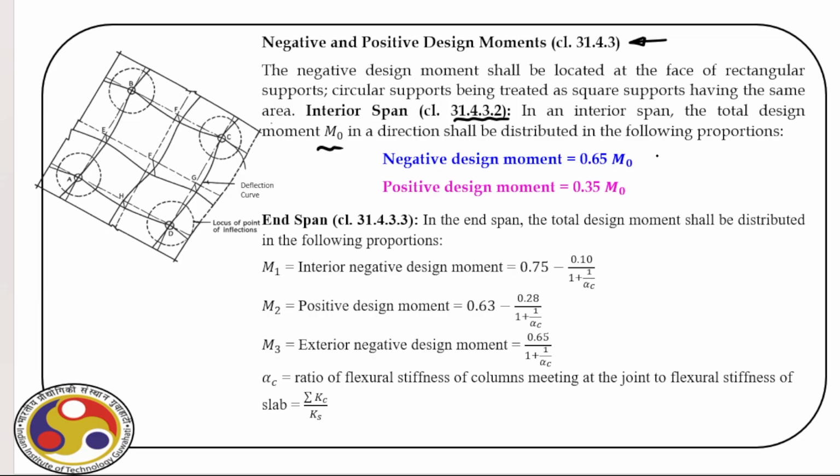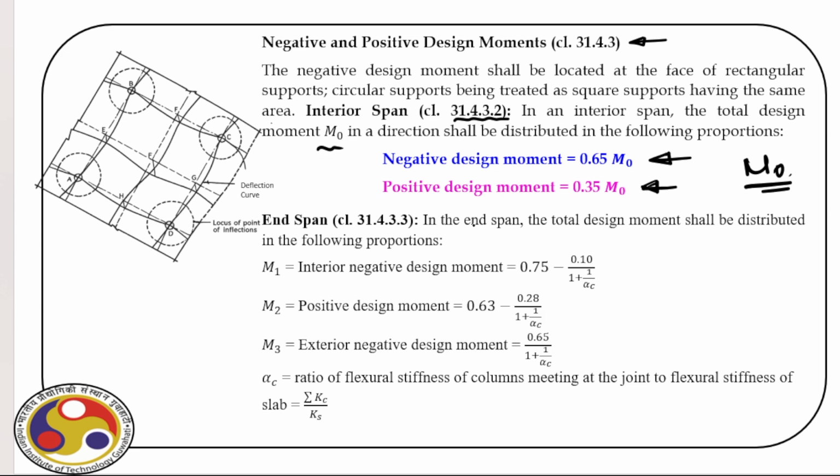So, for negative moment, we have to provide 0.65 M0, and for positive design moment, we have to provide 0.35 M0. So, first we calculate M0 based on what? Based on the panel dimensions and the load it is going to carry. Then we distribute that total moment into negative and positive moment.